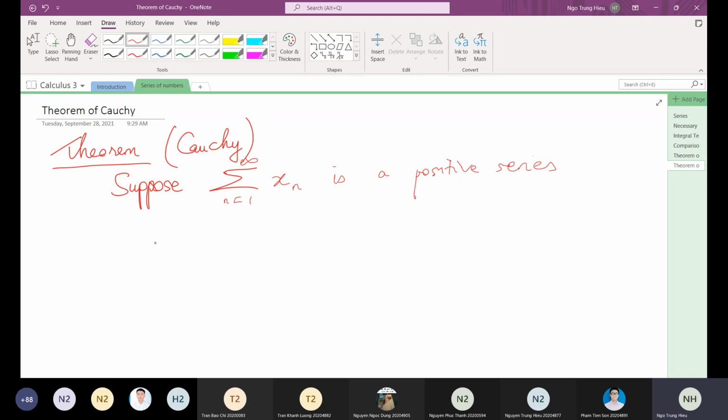And the second hypothesis is different. Instead of taking xn plus 1 over xn as in D'Alembert, we take another expression. We take xn and we take the nth root. Suppose this limit is L.